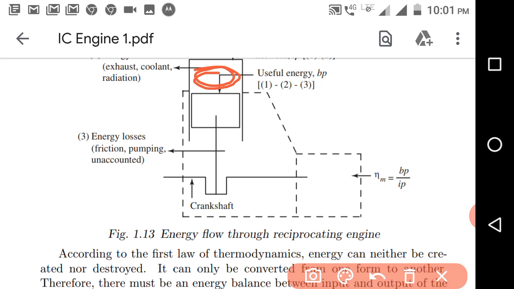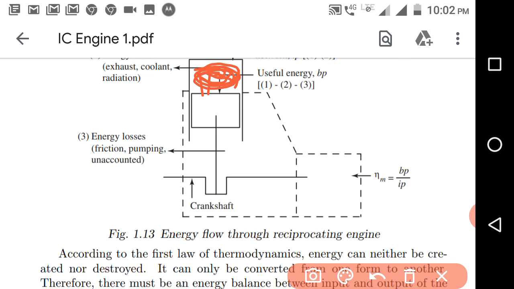In the case of CI engine and SI engine, the combustion happens by different methods, but here we are combusting the fuel, and due to the combustion of fuel, heat gets released. Due to that heat, pressure acts on the piston throughout the expansion process.